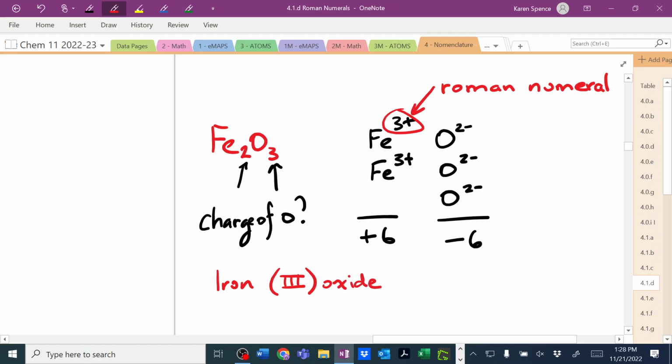So many people look at this question and they see this 2 here, and what do they write, do you think? They write iron 2 oxide, but that is wrong. You only do that if you see the charge.